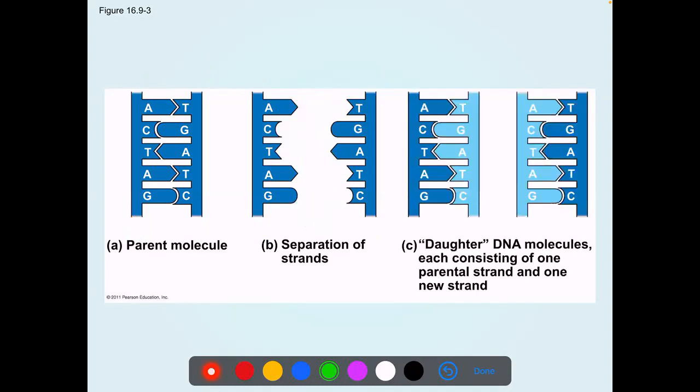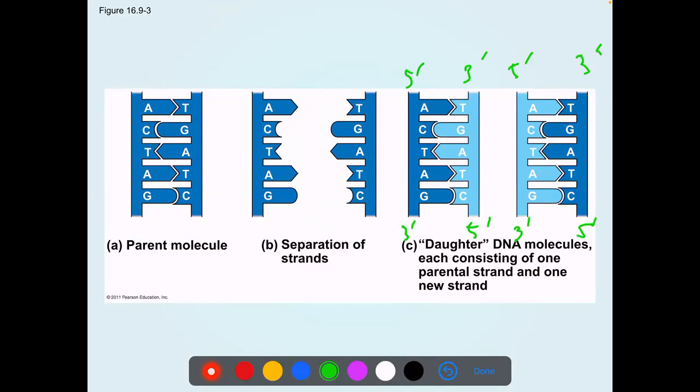So T, G, A, T, C. Last time it was 5 prime and then 3 prime, right? So probably here is the 5 prime and then 3 prime. So here is the 5 prime and then 3 prime. The new one is here, 5 prime and then 3 prime.